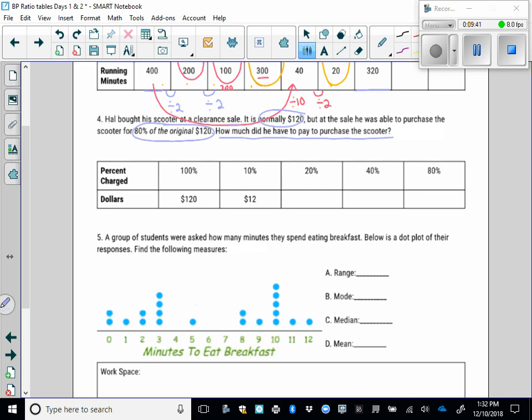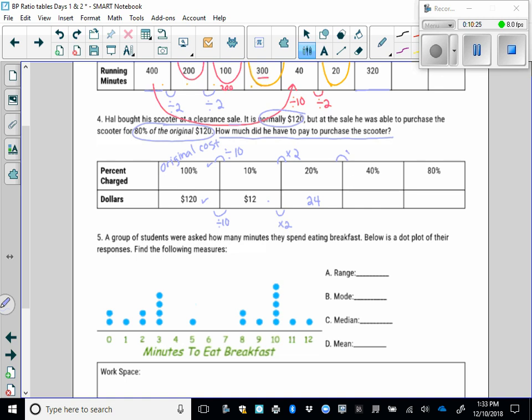So we know $120 was the original cost. So 10% of 100, if I can get 10%, then I can get 80%. So I'm going to divide by 10, and now I know that 10% of 120 is $12. So if I double this, I get $24 is 20%.